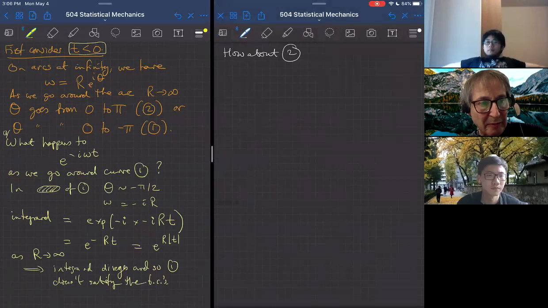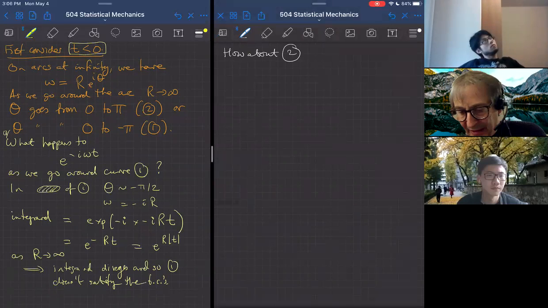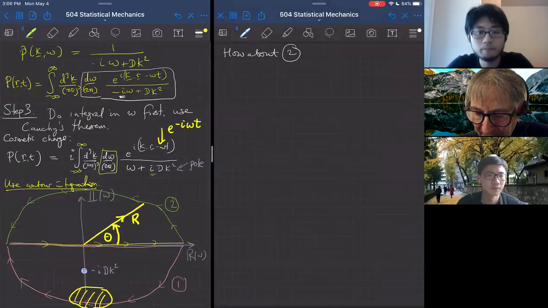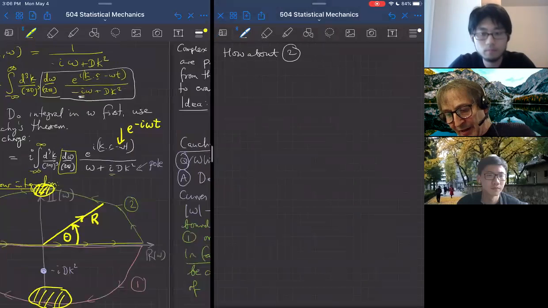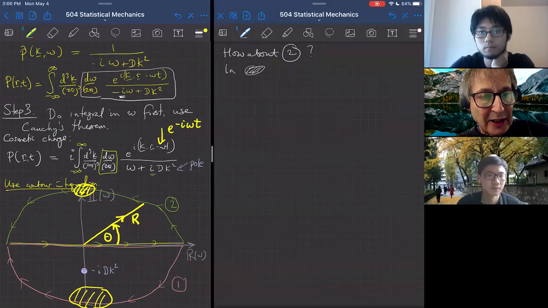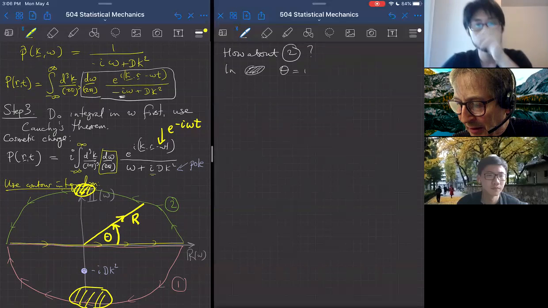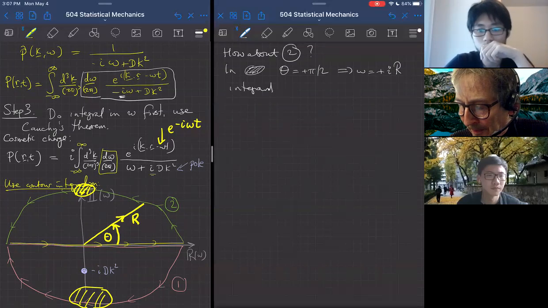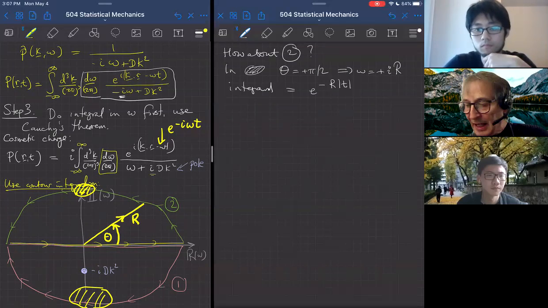As we go around here, eventually we get to this region up here, and in that shaded region theta is equal to plus pi by 2, and so that means that omega is equal to plus I times r, and so the integrand is equal to e to the minus r times the absolute value of t as r goes to infinity.